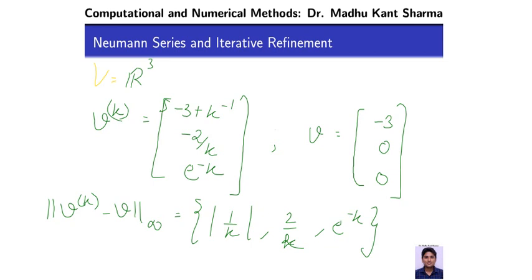So that is going to be the maximum over this side, and you can show that the maximum tends to 0 as k tends to infinity. Certainly e to the power minus k is strictly less than 1, so it is going to be equal to 2 by k.